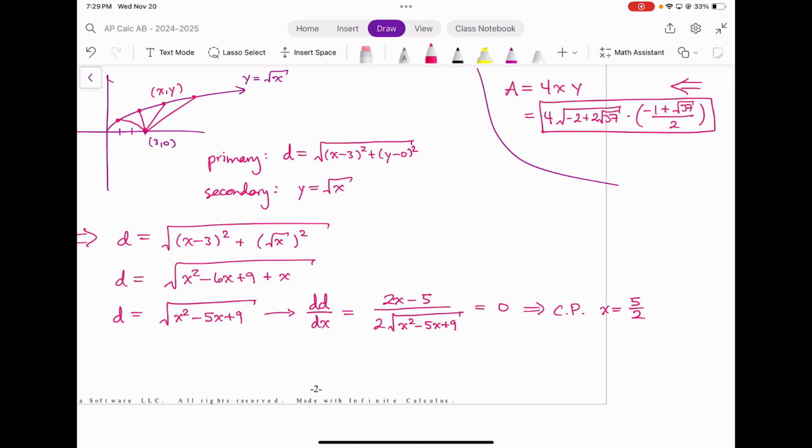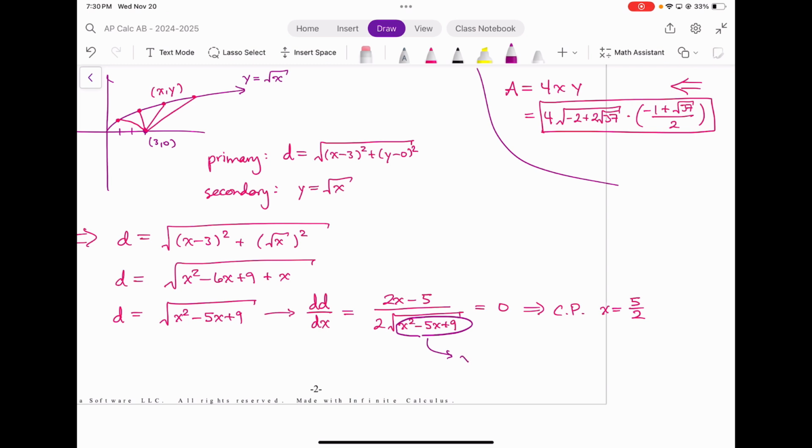And it looks like there are no other critical points unless, just to be sure, right, we should probably check. If this can equal 0, then we have an undefined derivative. So maybe let's just check that the solutions here are imaginary.